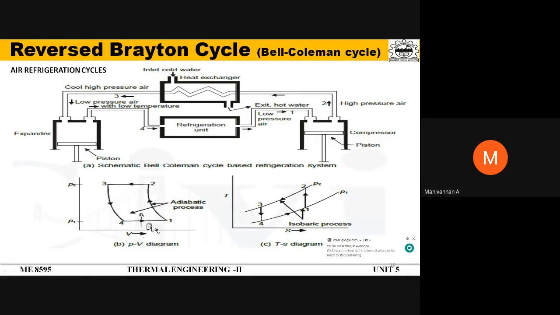This much heat is absorbed by the cold air that gets into the evaporator, and the air is heated in such a way that the pressure does not vary. It is maintained at the same pressure, so it is assumed to be constant pressure heat addition.